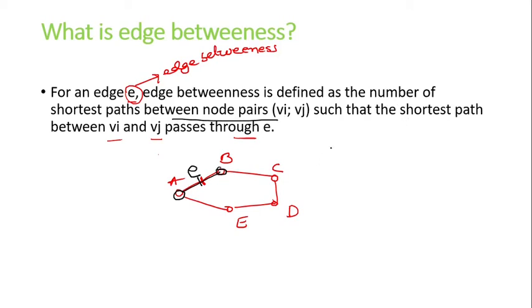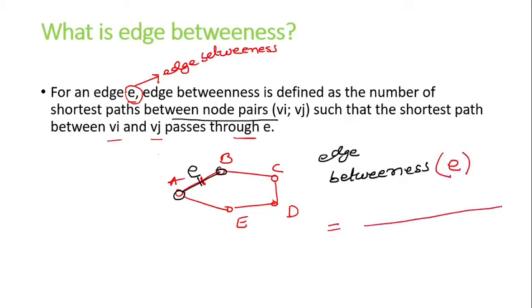Actually, the formula of edge betweenness of E is nothing but, you have to understand this concept, how many shortest paths pass through this edge AB.